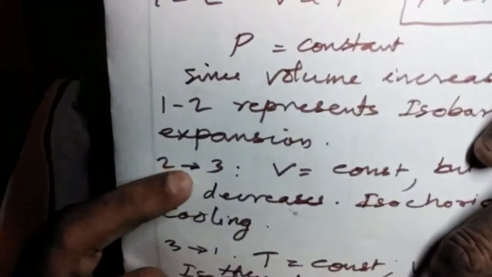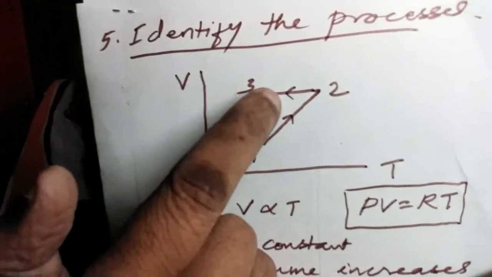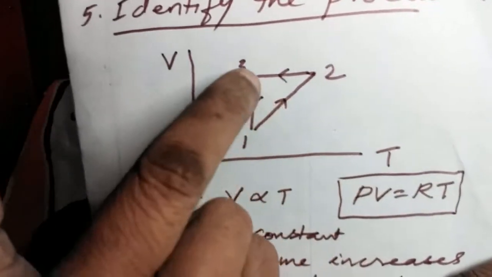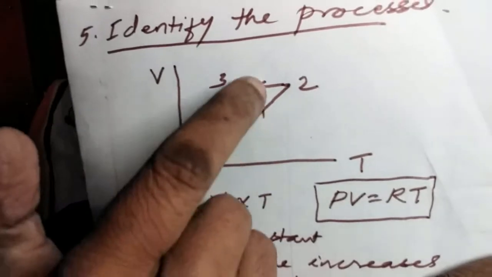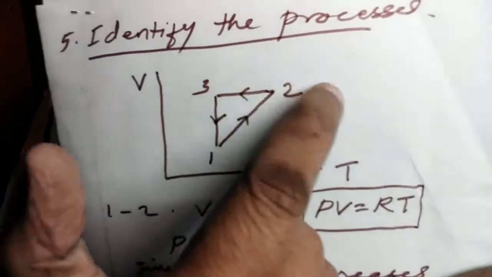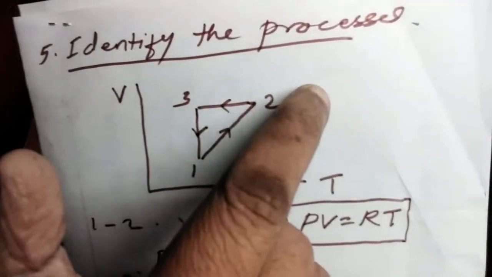Next is 2 to 3. 2 to 3 means volume is constant because this is parallel to the temperature axis. That means this represents an isochoric process. Volume is constant, V is constant.